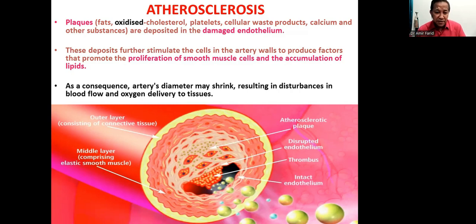These deposits further stimulate the cells in the artery wall to produce factors that promote the proliferation of smooth muscle cells and the accumulation of fats. Okay, so one of the responses is that the muscle layer also tends to get thicker. As a consequence, the artery's diameter may shrink, resulting in disturbances in blood flow and oxygen delivery to tissues.